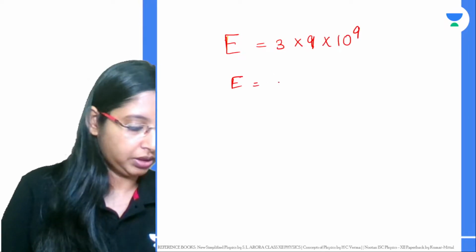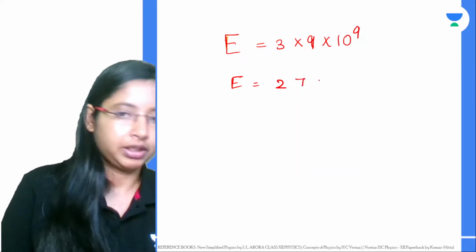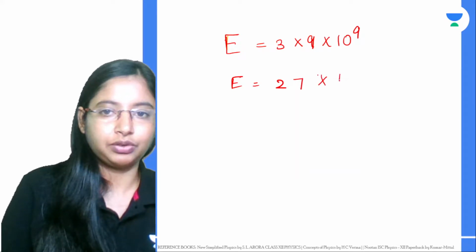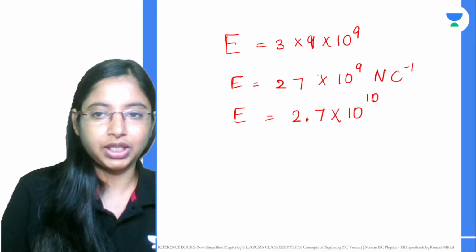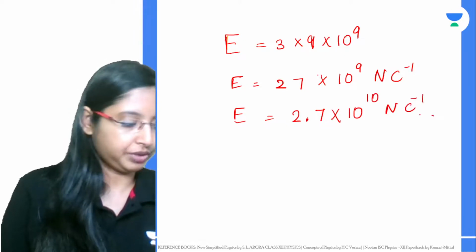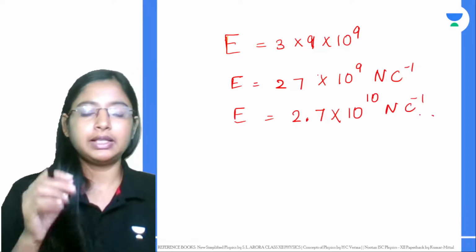That's around 27 into 10 to the power of 9 Newton per Coulomb. If you want to write in decimals, this is 2.7 into 10 to the power of 10 Newton per Coulomb. So this is the resultant electric field.